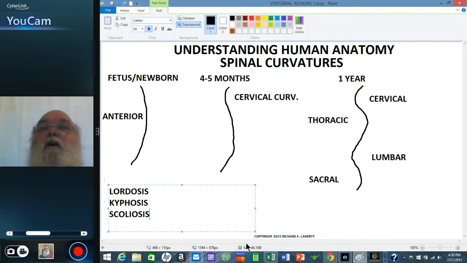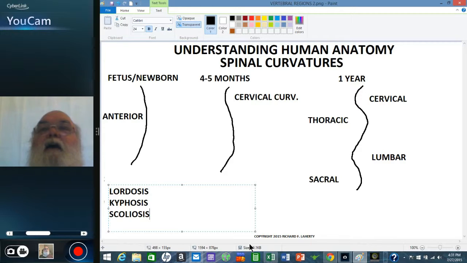Lumbar vertebra are large with a very large body and short, stocky transverse and spinous processes. Sacral vertebra are fused to form the sacrum. Coccygeal vertebra are fused to form the coccyx.